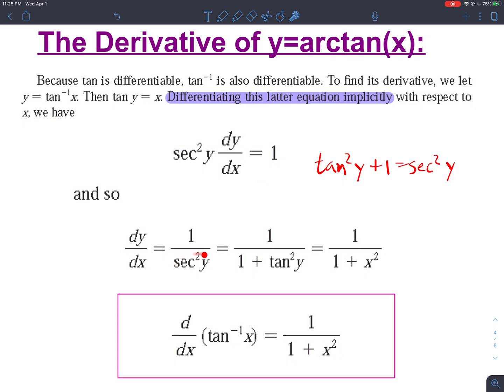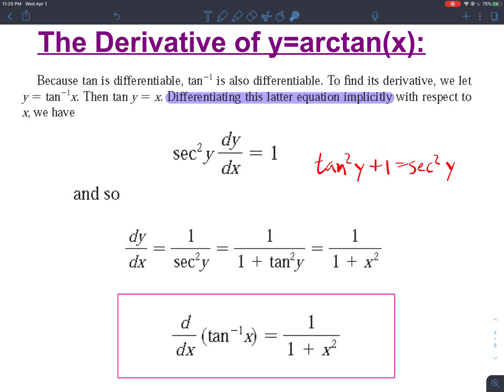Using the Pythagorean identity, I remember that secant squared of any angle is equal to tangent squared of that angle plus 1. This is the Pythagorean identity that you memorized in pre-calc. So I can rewrite this as 1 over 1 plus tan squared.